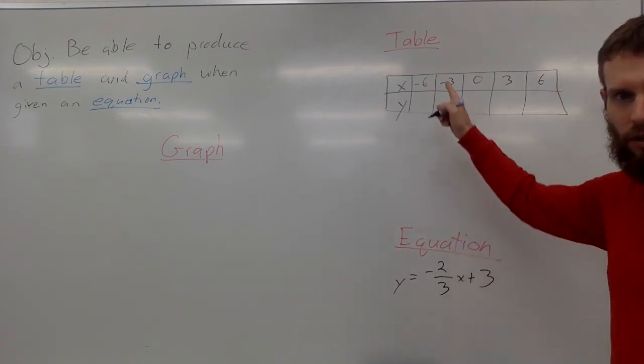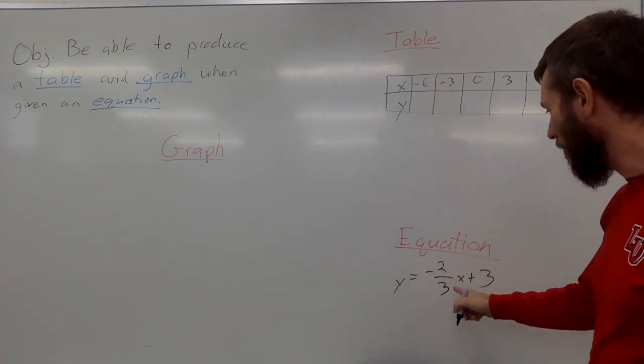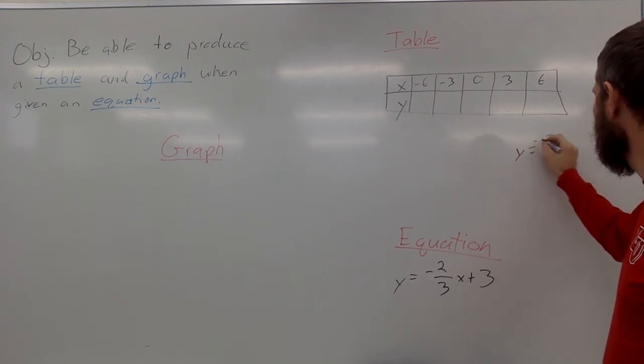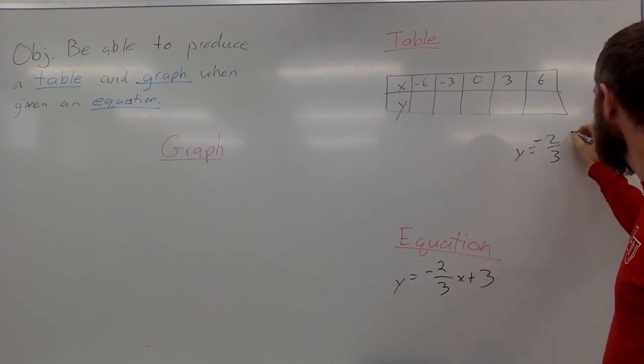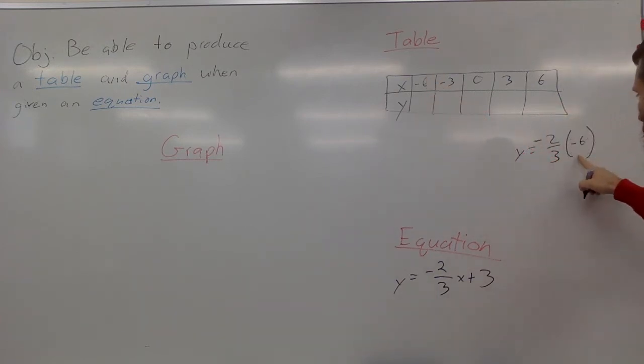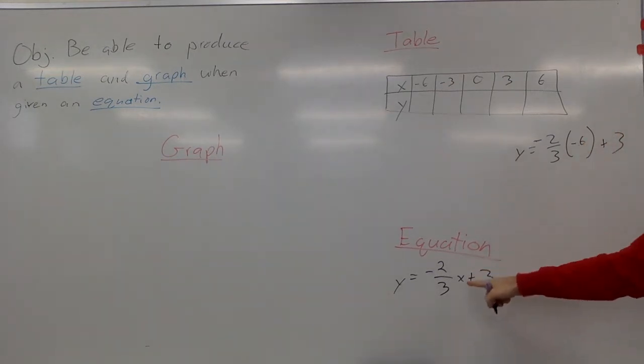So now I'm going to plug those values in for my x. So if x is negative 3, then I have y equals negative 2 thirds... Let's choose x is negative 6, plus 3. I just put negative 6 in for my x.